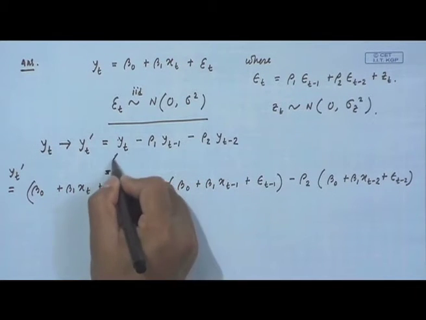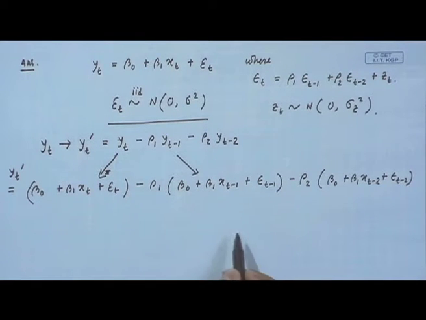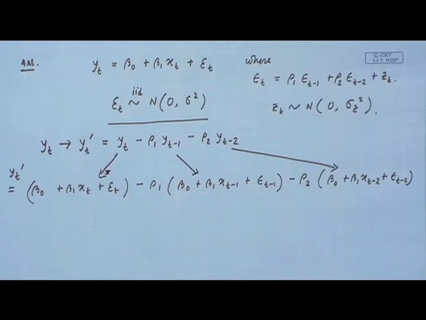So, you understood. This is my y t, this is rho 1 y t minus 1 and then rho 2 y t minus 2, right.